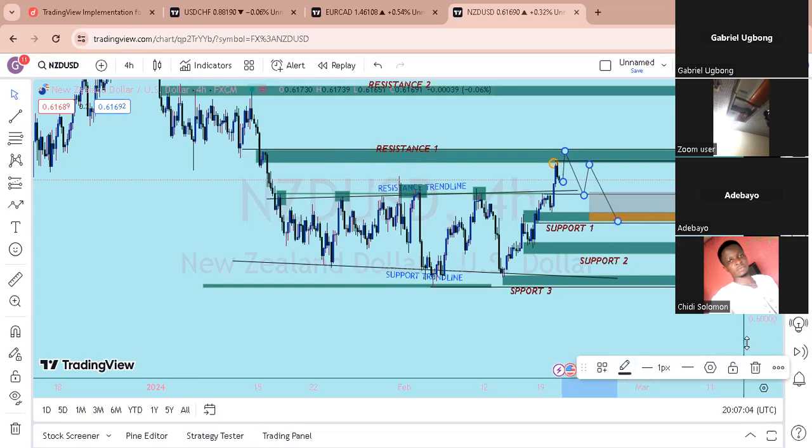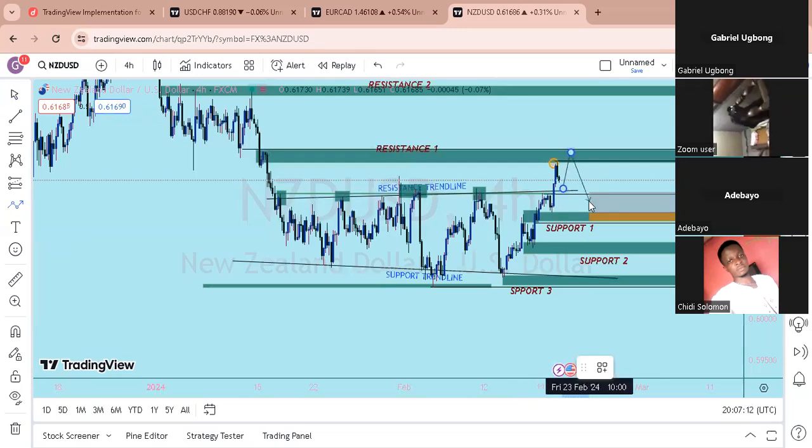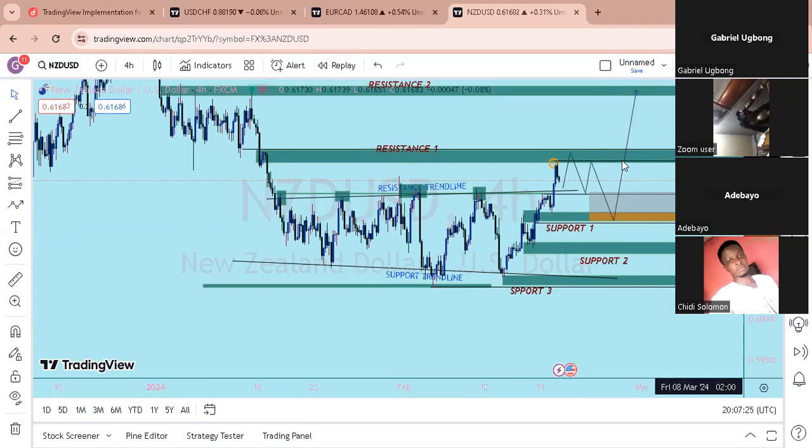Something is wrong with my mouse, it's not working the way it's supposed to. The market would have gone like this, come back here, gone a little bit to that place, now come back down here, then it will go back to that place. That's what I'm seeing it's going to do.